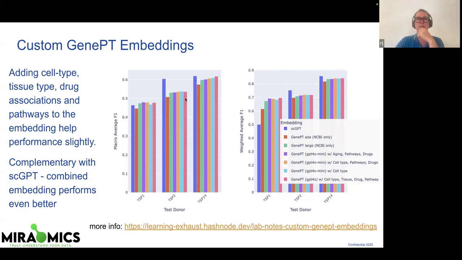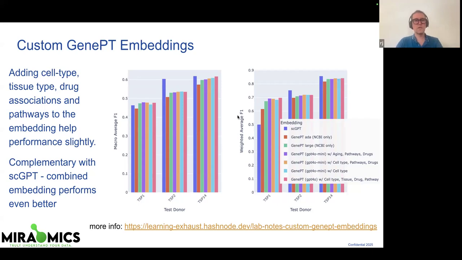I mean, not in this case maybe, but in many cases. And the other thing to note is that this is scGPT, and this does pretty significantly better in some cases, right? Which we knew. In this case, it doesn't. And then if you look at the weighted, meaning by the number of cells, then actually in this case for this donor, we do pretty significantly better than scGPT, and even in the unweighted case, it does a little bit better.